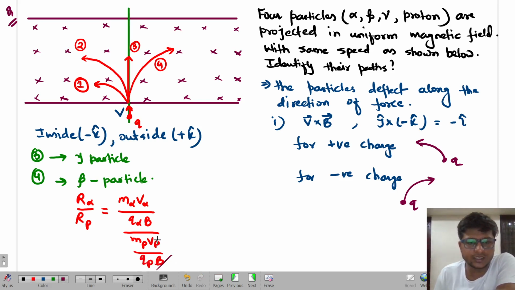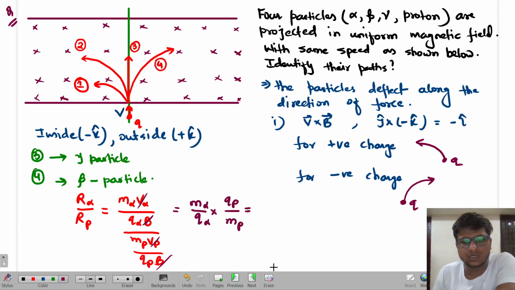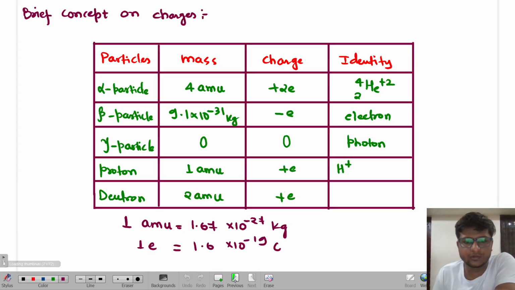So these quantities get cancelled. So what will I get? Mass of alpha by charge of alpha into charge of proton by mass of proton.